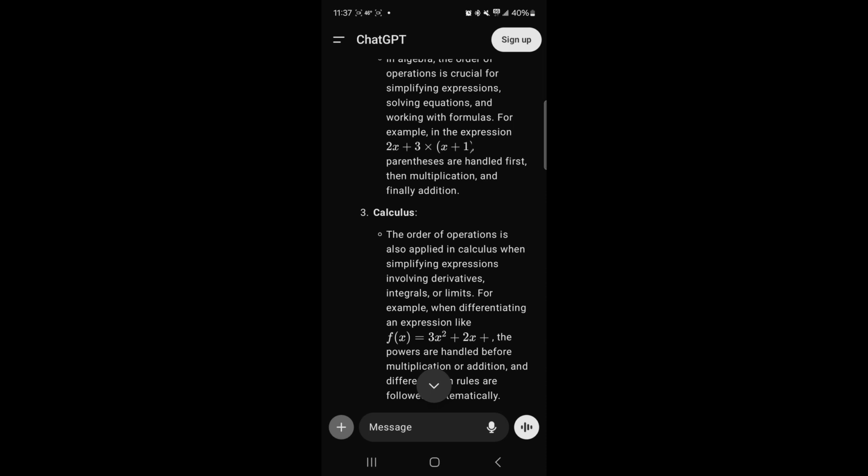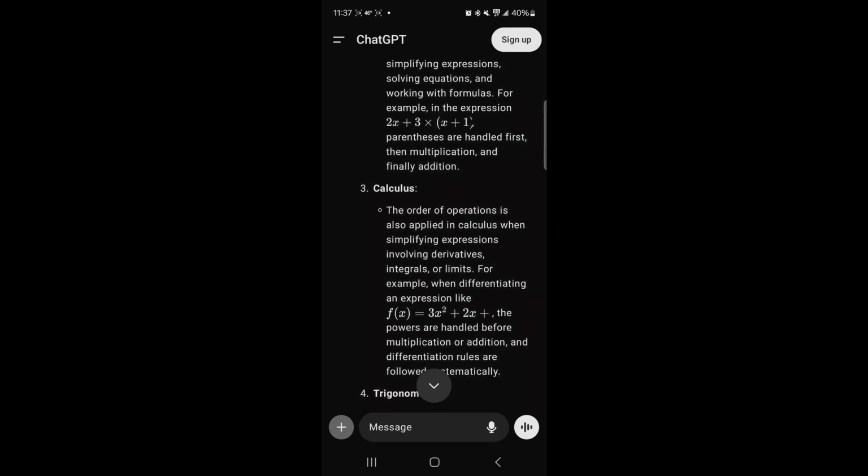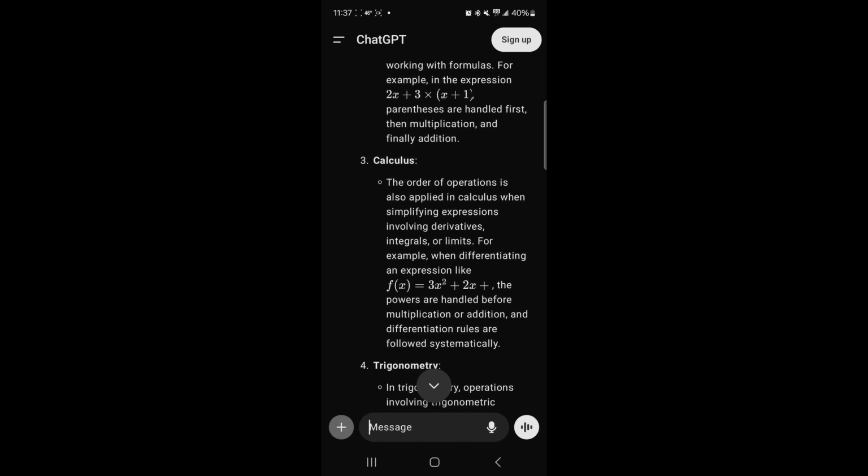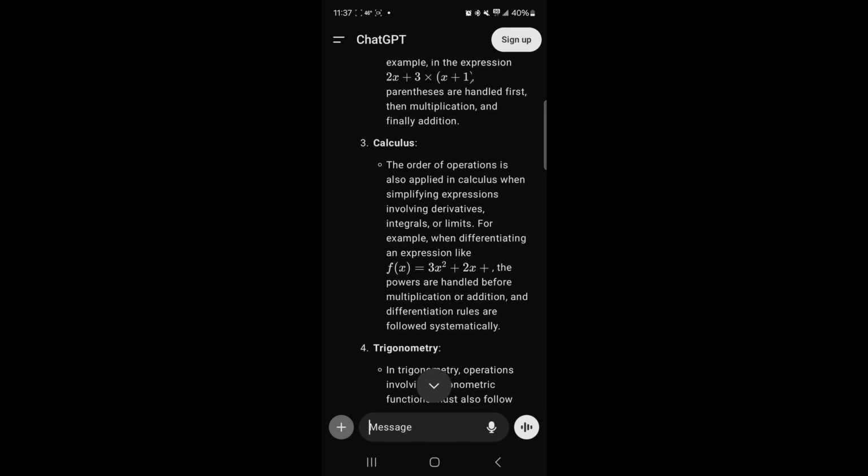Calculus. The order of operations is also applied in calculus when simplifying expressions involving derivatives, integrals, or limits. For example, when differentiating an expression like f of x equals 3x squared plus 2x plus, and then, of course, it's kind of blocked out. I think they're maybe inserting a graphic here.